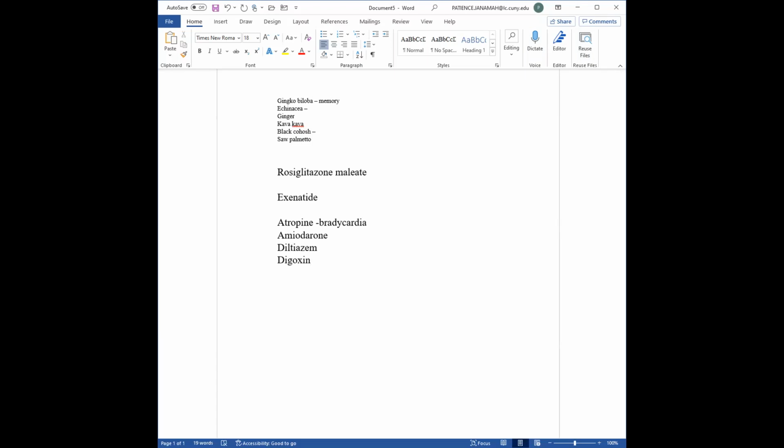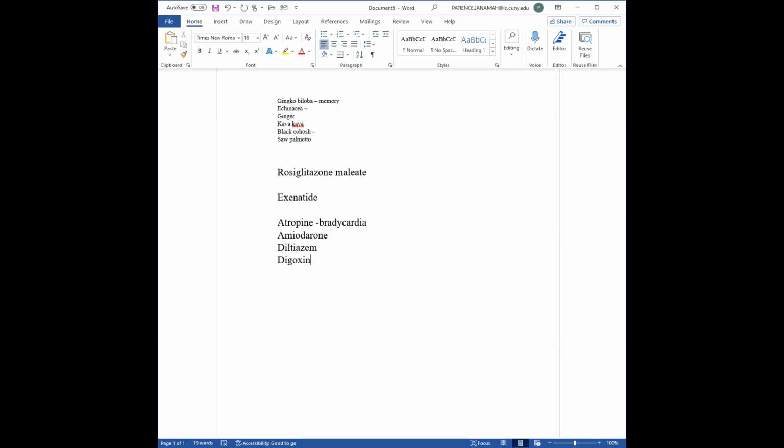They are both used for AFib and both slow down the heart rate. Then amiodarone, yes, amiodarone too. Amiodarone is used for AFib, VFib, VTach. So amiodarone, diltiazem, and digoxin, you want to be careful. Those three medications are used to slow down the heart rate.